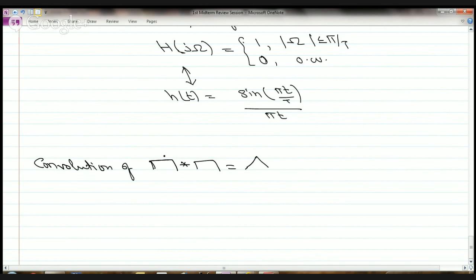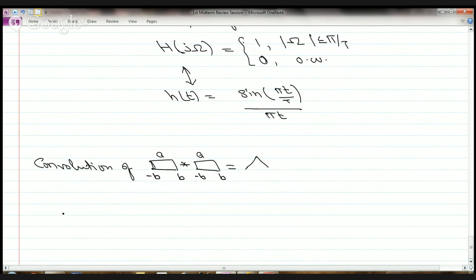Seeing that is not that difficult. Let's say the height of this is A, and let's call the limits minus B to B without loss of generality. So what are the values of these things? We can figure that out.